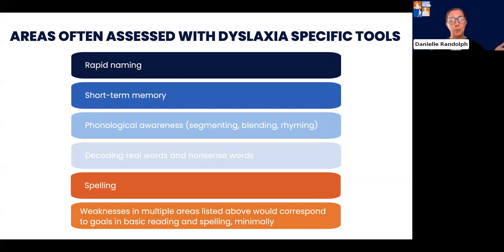So being able to take a word, break that word down into sections, but also being able to blend the words together. And then rhyming. Rhyming is honestly one of the first areas of concern we see with our kindergarten or even preschool students. At kindergarten, that's one of the screening tools that are used, being able to see if they can rhyme, because it's again really using those audiological skills to really apply to the reading.